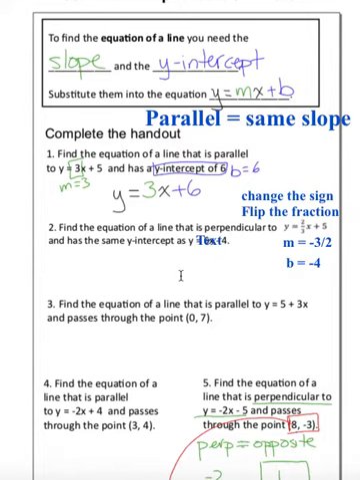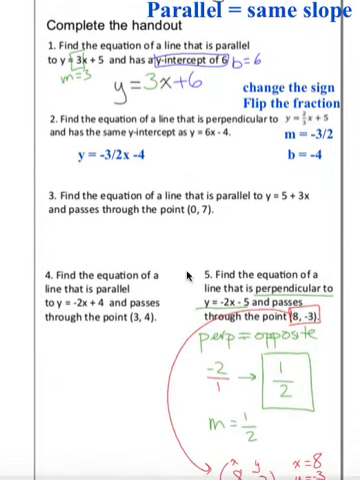So we now write our equation as y equals -3/2 x minus 4. We're just taking our information and plugging it into the y equals mx plus b equation.